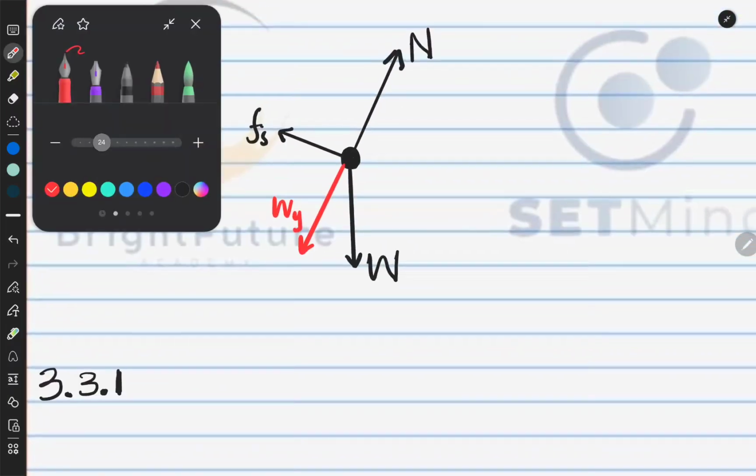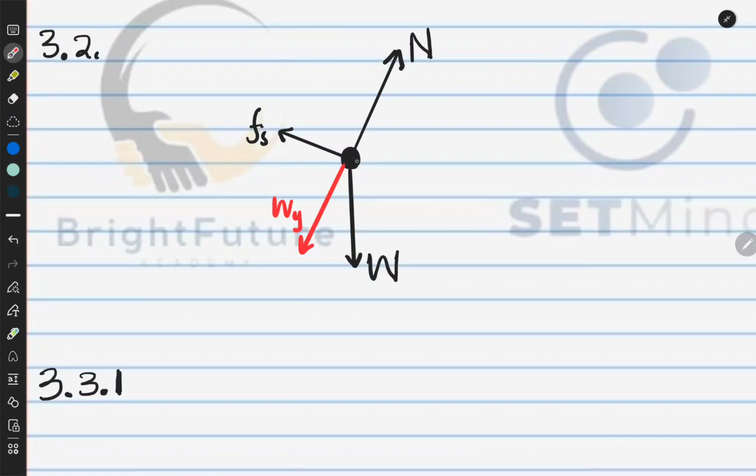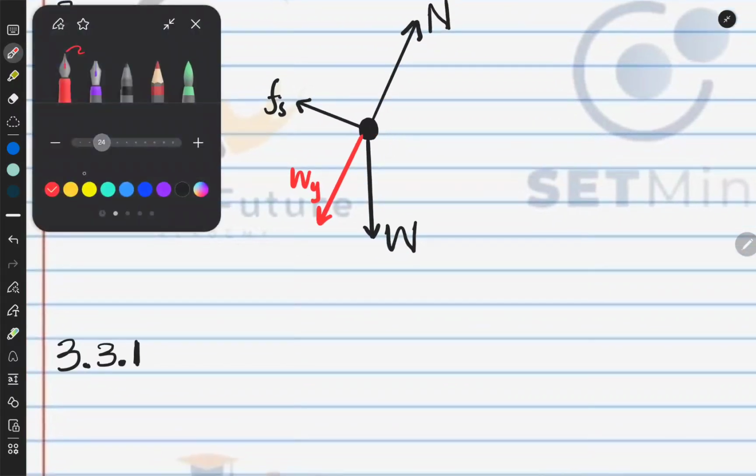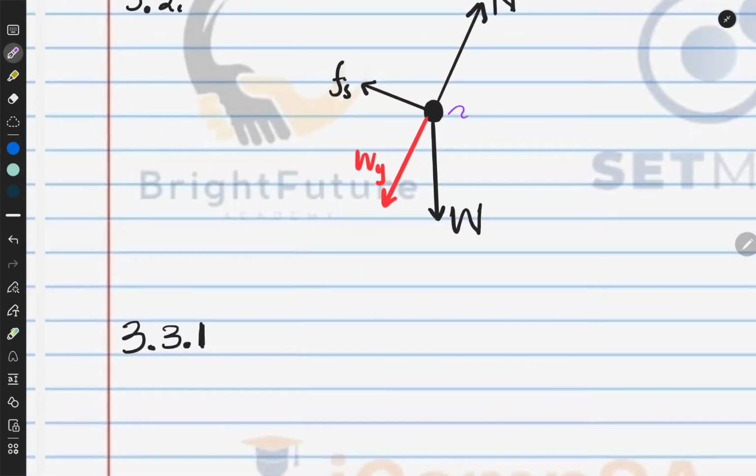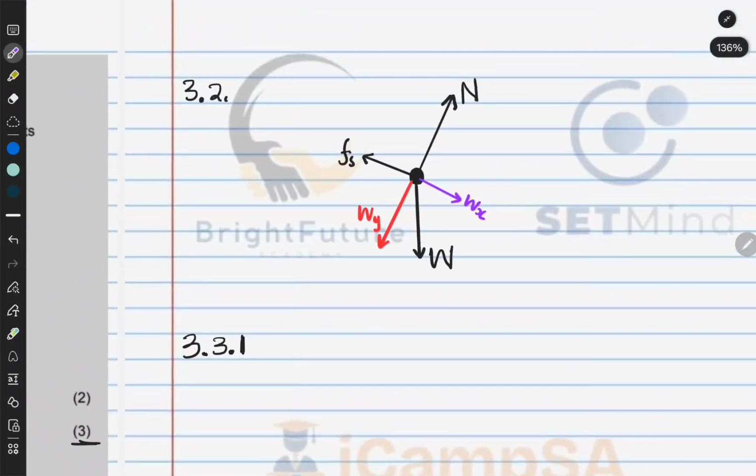It's in line with our normal force. And then we will have an x component, or a parallel component of w. I don't know why I said y, I meant wx. Let's call this wx because it acts along the x-axis, or the parallel axis. So these are the components that we have.